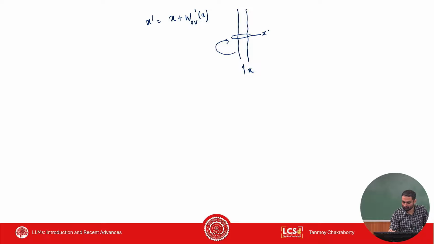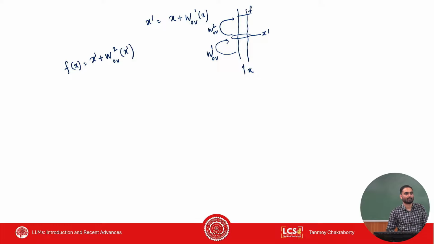So this is x1. X1 is nothing but x plus WOV1 x. It went through this WOV1 and it produced x1. Similarly, you have another OV circuit, W2OV, and that will produce the final output f. So f of x is x1 plus WOV2 x1.